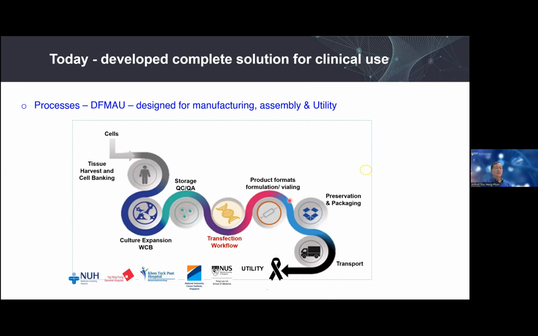We have a total solution from the start to the very end. So that's what we can do today. Now, it's very important that although we started off with transfection and worked out all the mechanisms, we have to develop the processes, the media, and everything else, all the way from the start to the end. Otherwise, you'll be stranded. You cannot move forward, and you can't take things forward.